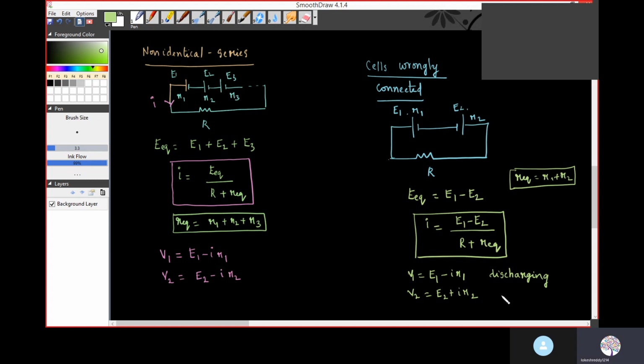Why? Because one is discharging, the other one is charging. This is when non-identical cells are connected in series.